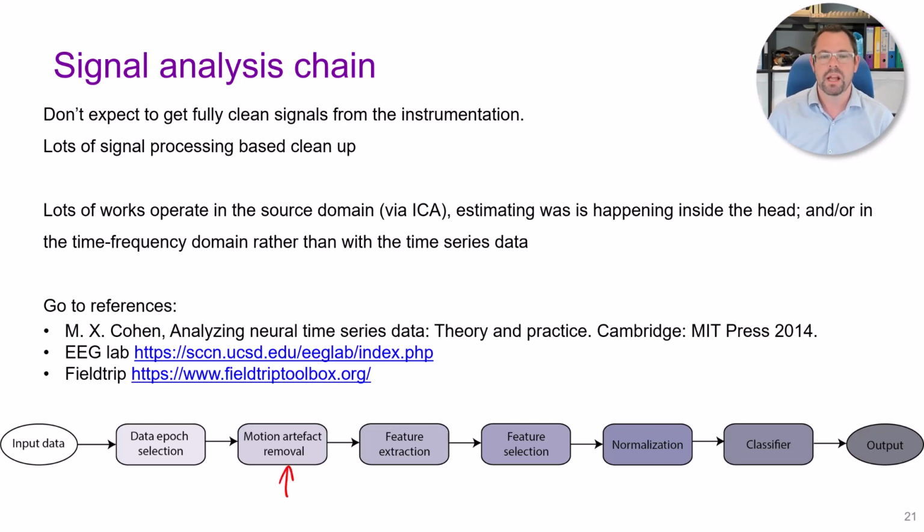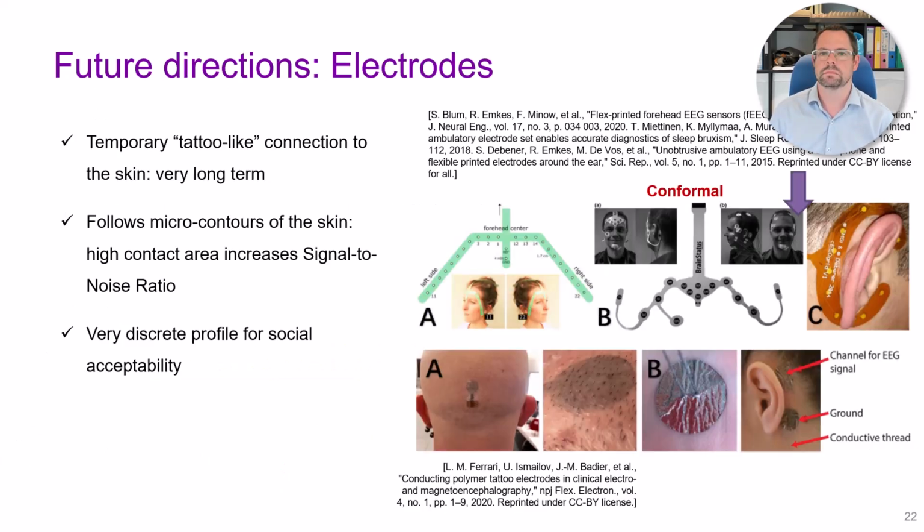There's a very well established technique known as ICA, which would be very common: take the raw data, apply ICA to it, and use that to help remove any artifacts that may have been picked up during the recording process. But as I say, I won't go into any more details than that in this lecture.